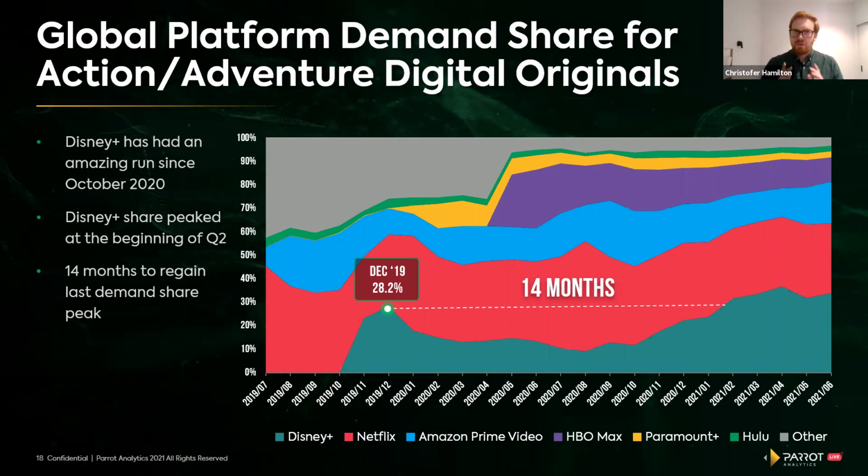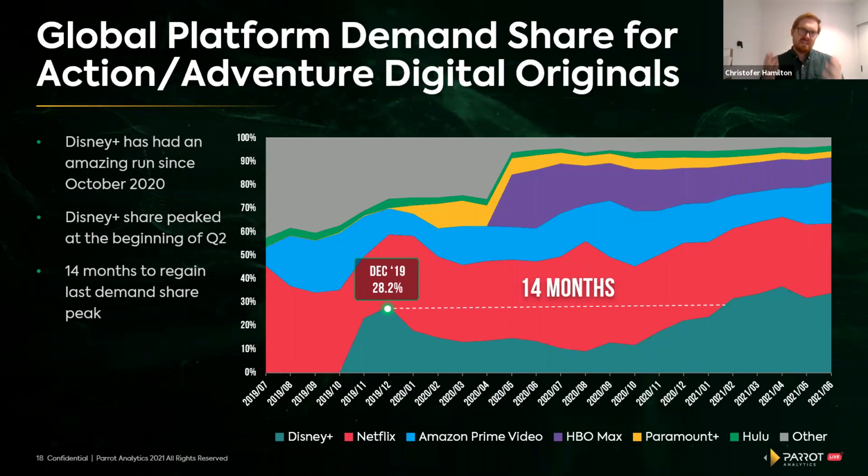But important to note, if you look at the peak it achieved in December 2019, it took 14 months to regain that ground. And so I think this is a great example of how The Mandalorian season 1 shows that a high in-demand show can make a big splash, but if you don't have a steady stream of in-demand content following up on it, it's not necessarily sustainable.